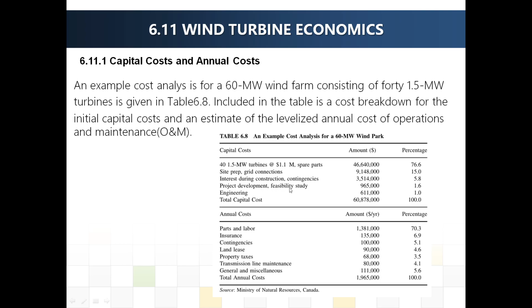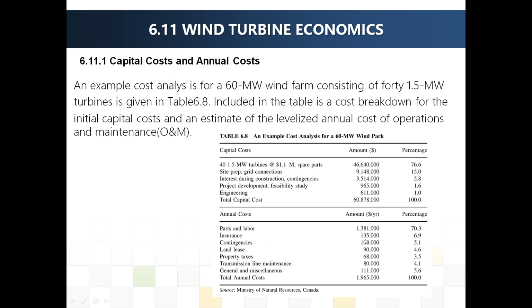The project development feasibility study is about 1 million. Engineering is 600,000. In total, the capital cost is 60.8 million. The annual cost, the labor and parts, is about 1.4 million.